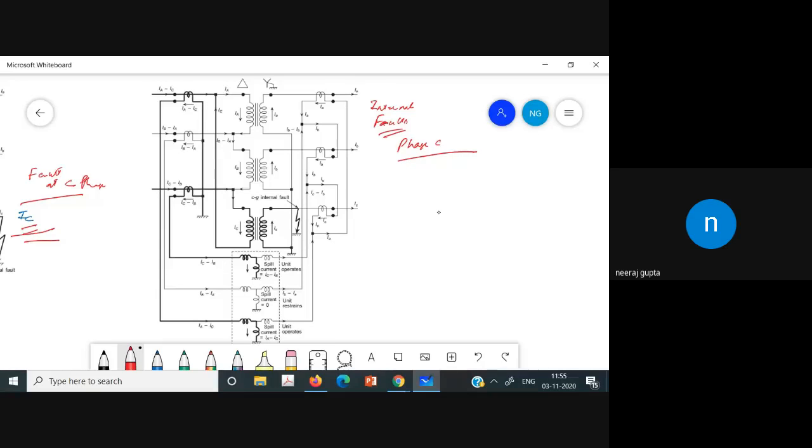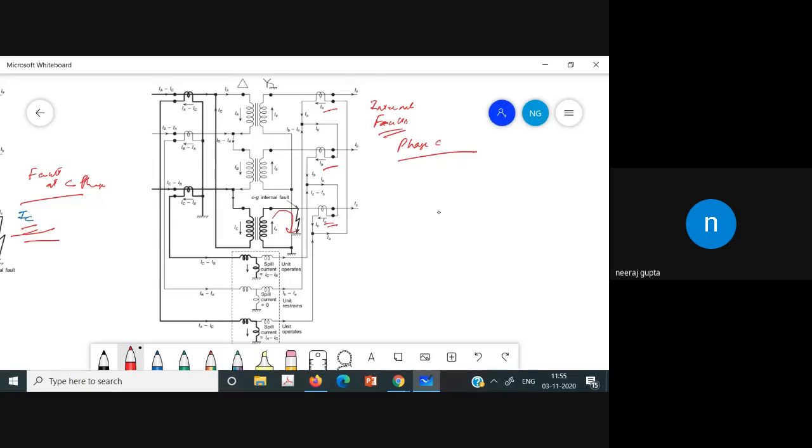Now, since the fault is at this particular point, this CT does not see it, because it is within the periphery of the CT. The fault current is fed from here, so this CT is not seeing it.